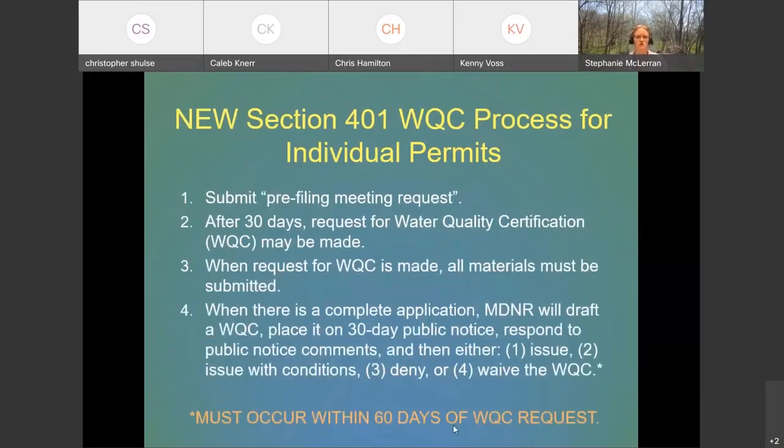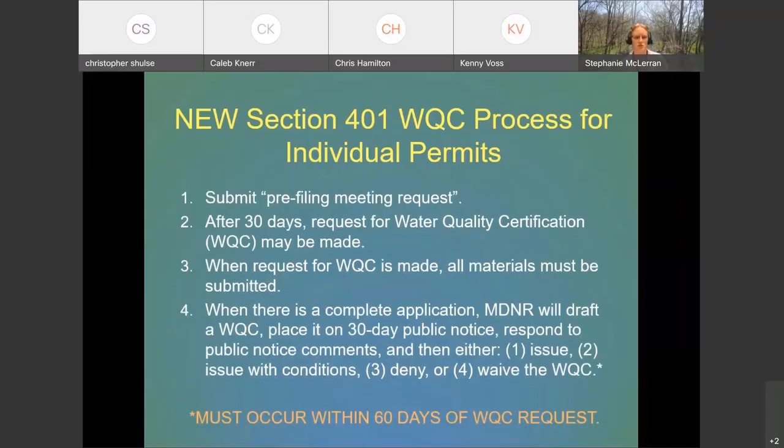So we used to just submit the 404 permit to the Corps and to DNR at the same time. They'd get the same information at the same time. But now 401 has to be done in advance of 404, and it takes a while because of this process that they have outlined.